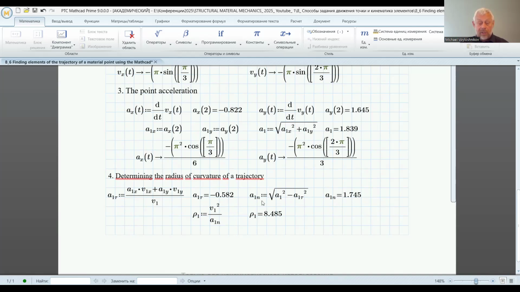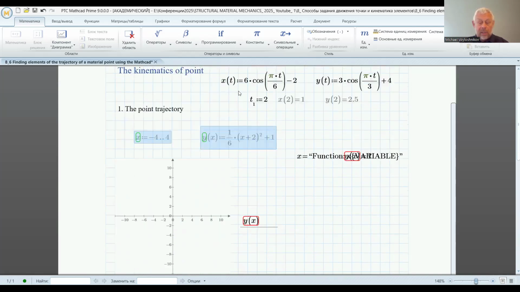So we have the normal acceleration. Next, we can find the radius of the curvature of the trajectory at the assigned point as the velocity squared divided by the normal acceleration. We have assigned t1 equal to 2. And yeah, so thank you.